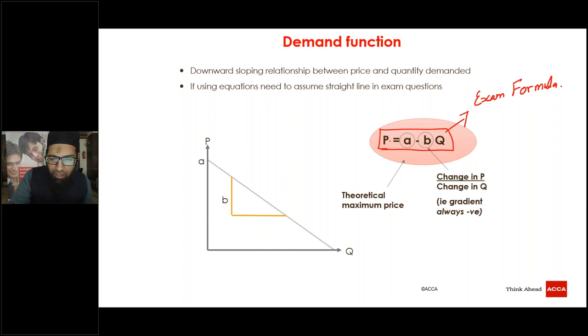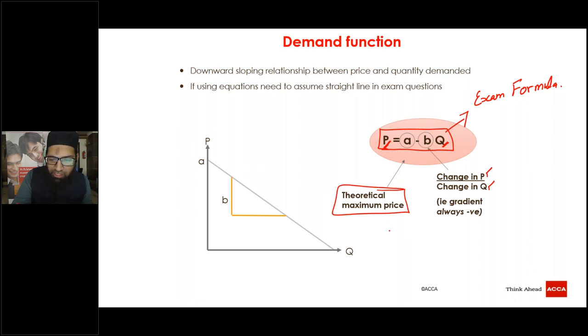P and Q are the variables. Q is the independent variable and P is the dependent variable. When we are making this demand function, we are not estimating the values of Q and P. Rather, we are interested in the calculation of B and A. Now, B means change in price divided by change in quantity, whereas A is the theoretical maximum price at which demand will be zero.